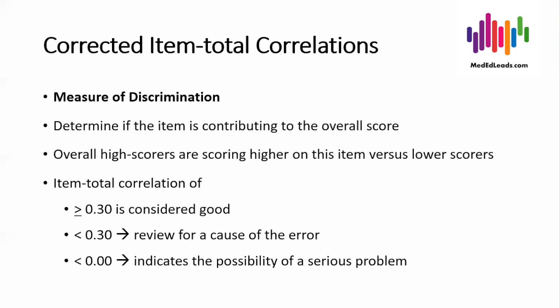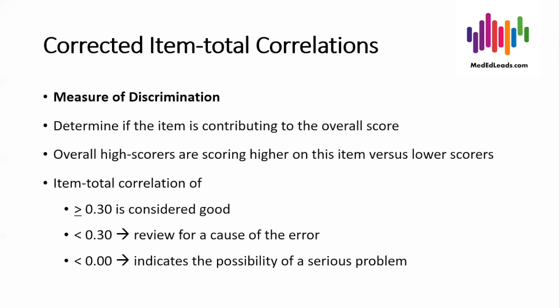For MCQs, it can be a wrong key marked, some missing information, a typo, two best choices, two very close options. And for performance examinations, it can be an untrained examiner, an unclear task, your standardized patient behaving differently, giving incorrect answers, or so on. So what is the criteria?